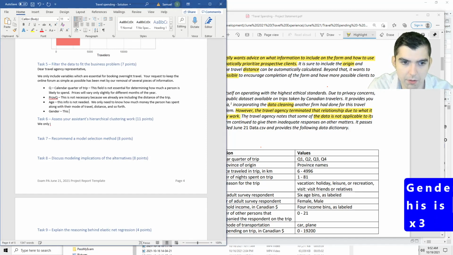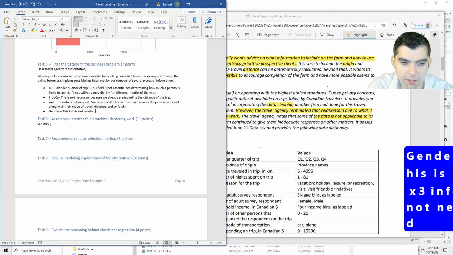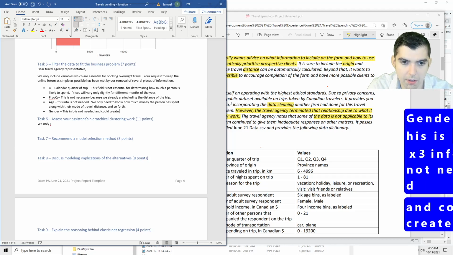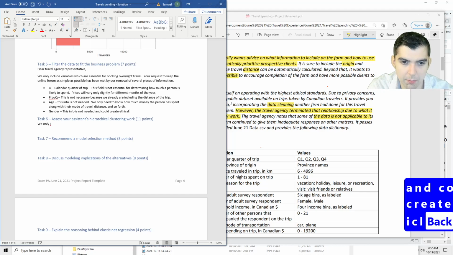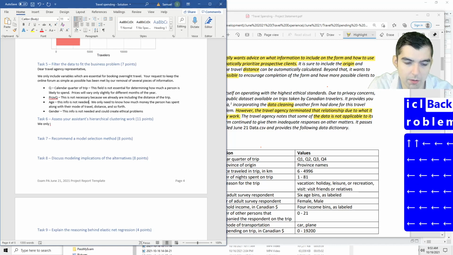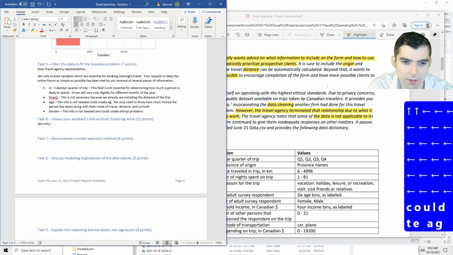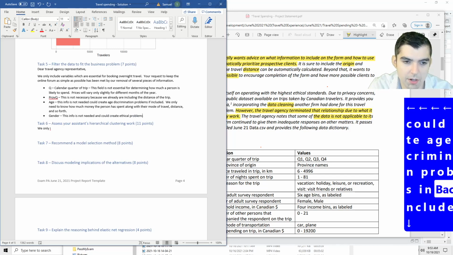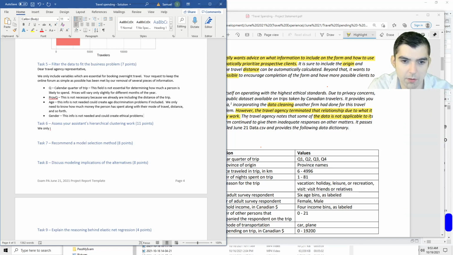This info is not needed, and could create ethical problems. Age also could create age discrimination problems if included. And yeah, gender too. Potentially there could be ethical concerns around gender discrimination.